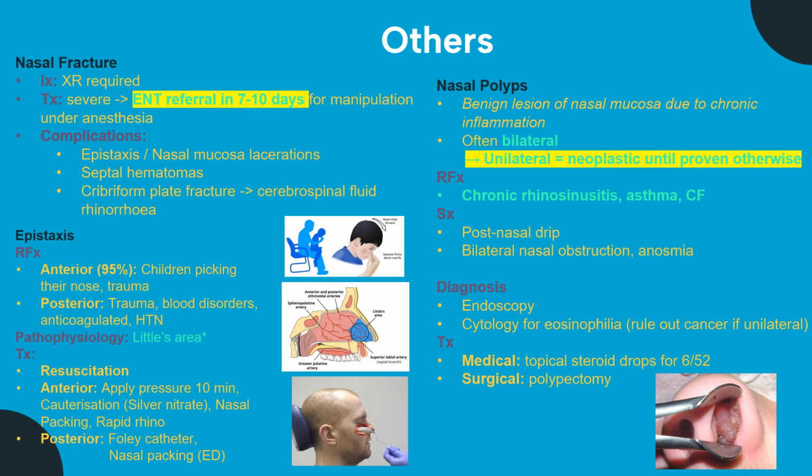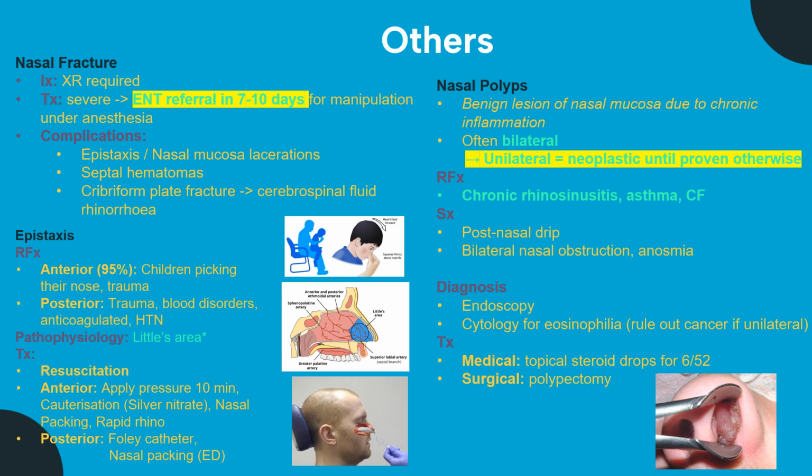As mentioned, your risk factors are things that can cause chronic inflammation. Your symptoms would be postnasal drip, and also generally you'll have a blocked nose and a loss of your sense of smell. Diagnosis can be through visualization. Gold standard will be through endoscopy and cytology for eosinophilia as well, because you want to rule out cancer if it's unilateral.